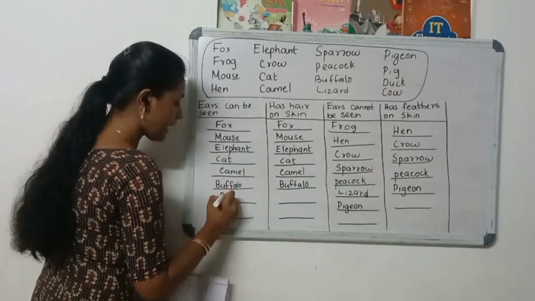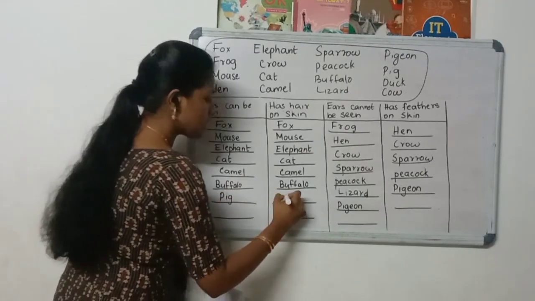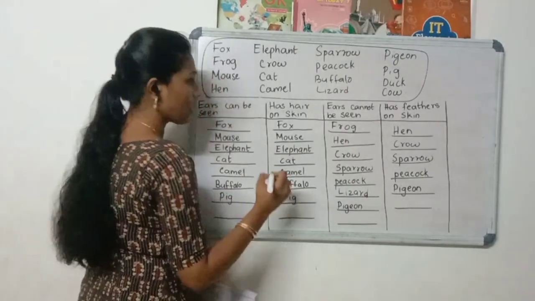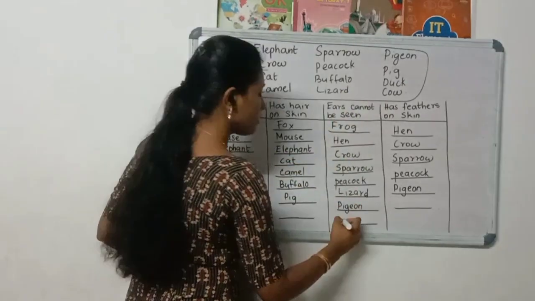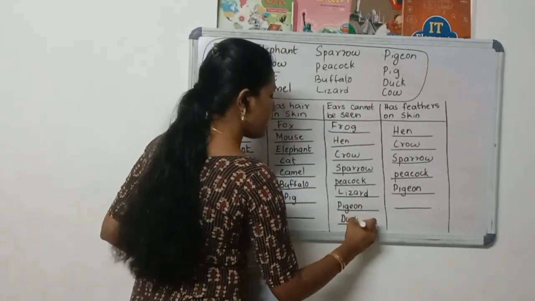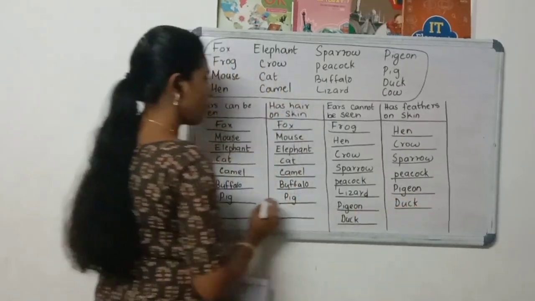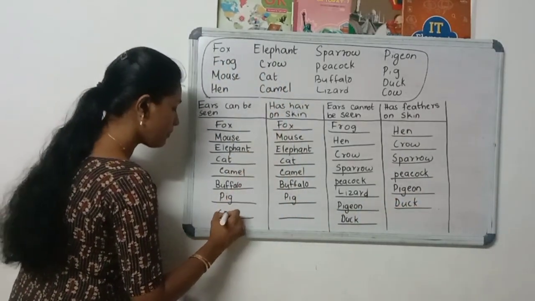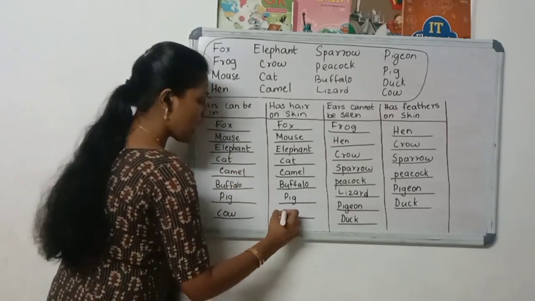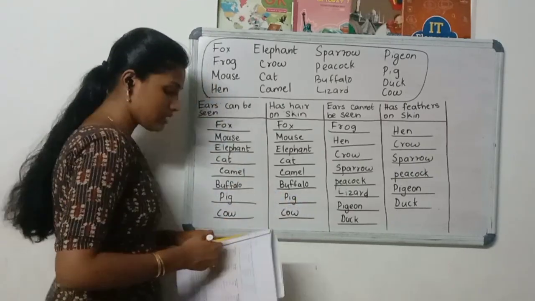Pig. We can see a pig's ear and it has hair on its body. Duck. We cannot see a duck's ear and it is a bird, it has feathers. Last, it's cow. So we can see its ears and it has hair on its body.